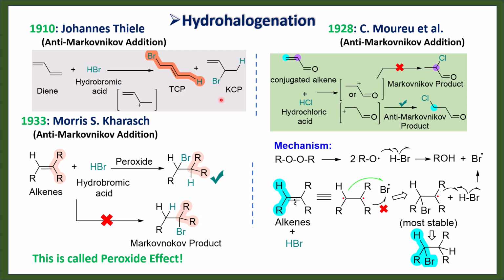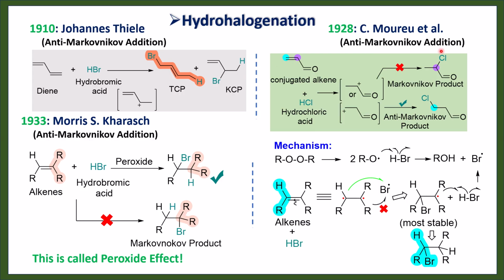One product is formed at very low temperature, so it is called the kinetically controlled product, and the other is formed at high temperature, which is thermodynamic control. In the kinetically controlled product, a secondary carbocation forms at low temperature, and the bromine attacks here to give this product.